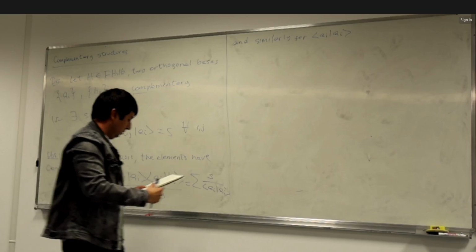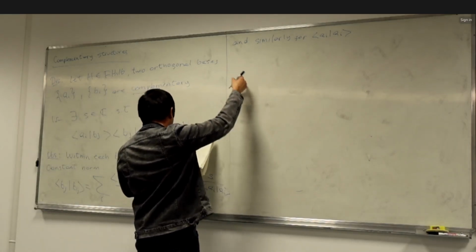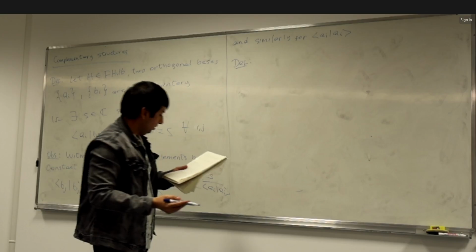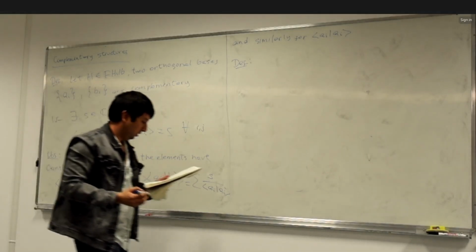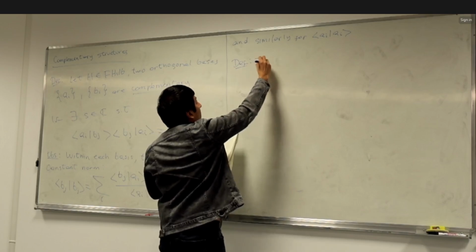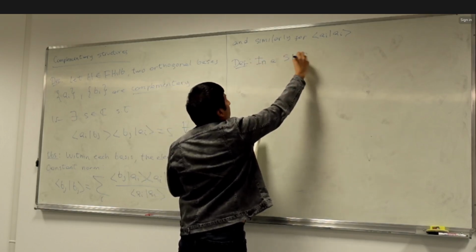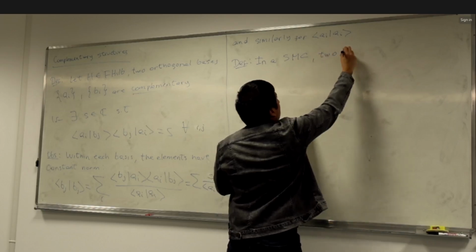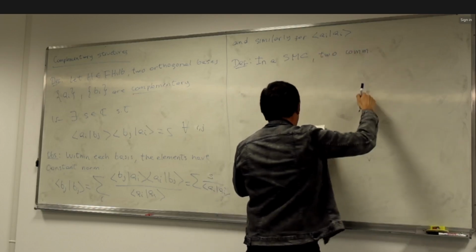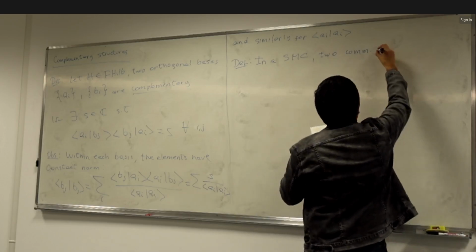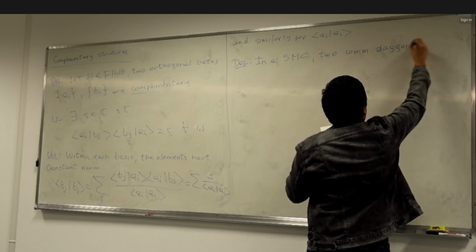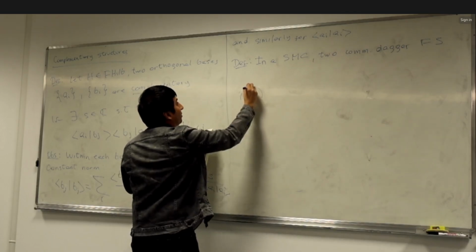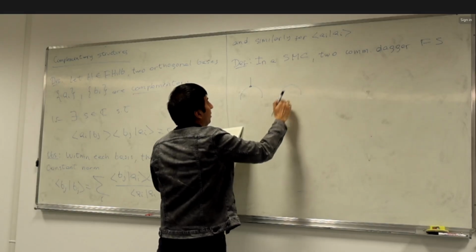Okay, now we are ready to define the notion of complementary Frobenius structure. In a symmetric monoidal category, two commutative dagger Frobenius structures given by the product.